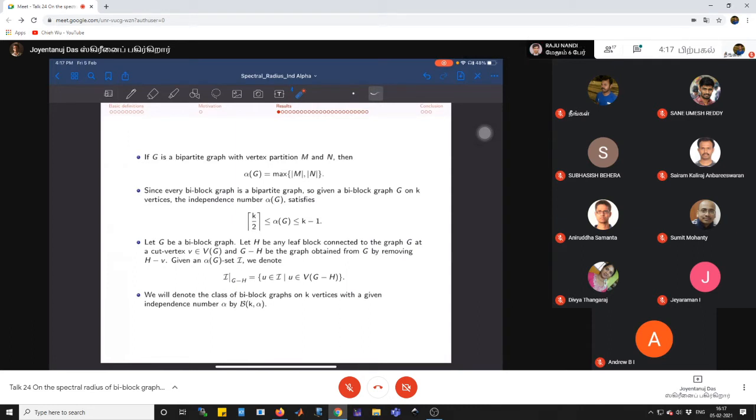Suppose I is an alpha(G) set. Then I restricted to G minus H will denote all those vertices u belonging to I such that u belongs to the vertex set of G minus H. The class of all biblock graphs with k vertices and independence number alpha will be denoted by D(k, alpha).